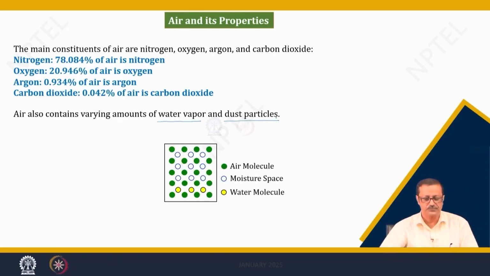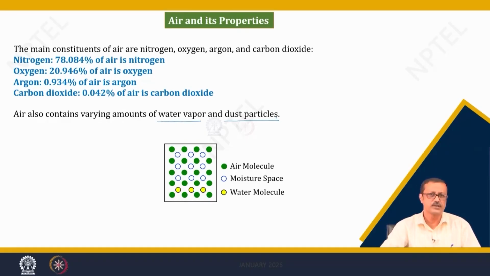I can visualize the air in this diagram, where these green dots are the air molecules. Green dots are your nitrogen, maybe oxygen, carbon dioxide, or maybe dust particles, anything. And there are some white colored dots, which are space for the moisture.